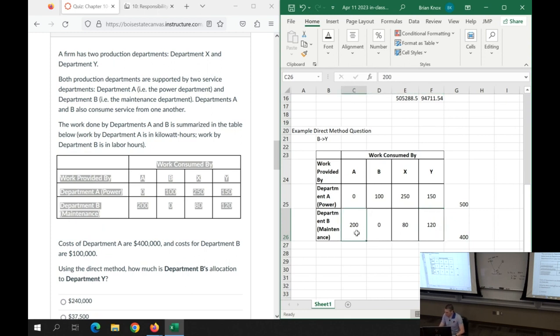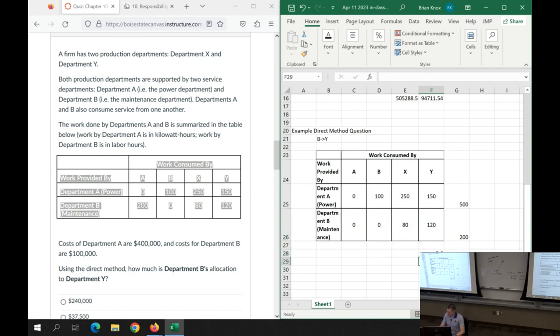So if we go back and we say, well, let's zero that out, our new denominator is 200. So 120 labor hours consumed by Y out of 200 hours that count gives us 60%. So 60% of the work that counts, which is only work done to production departments, 60% of that work was done for Department Y.